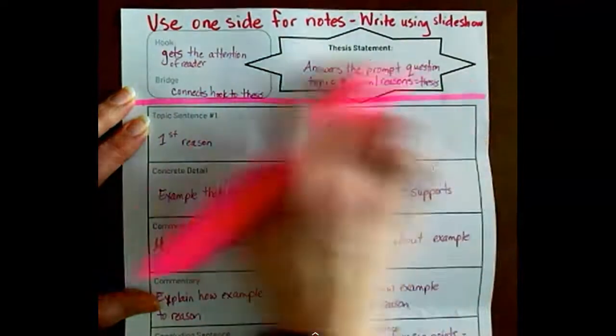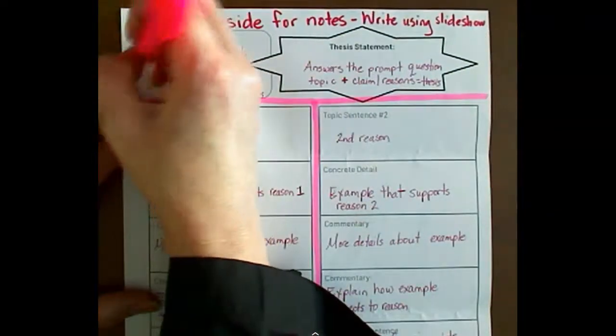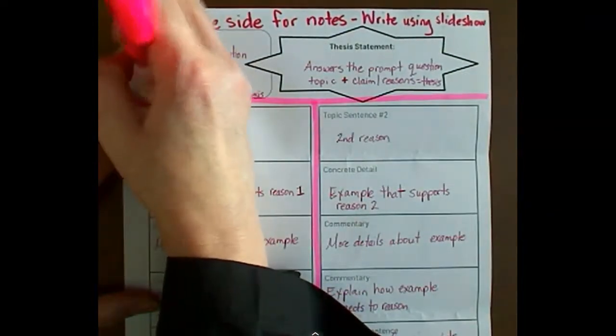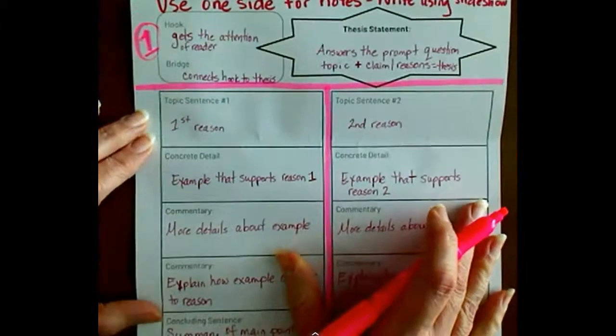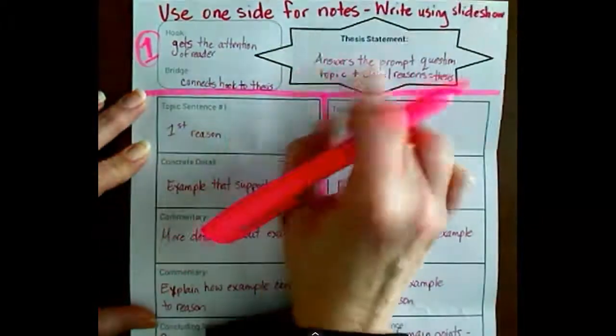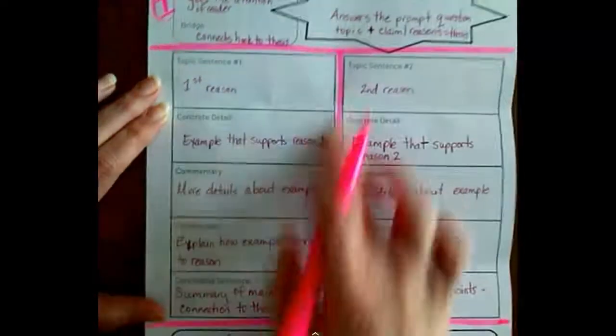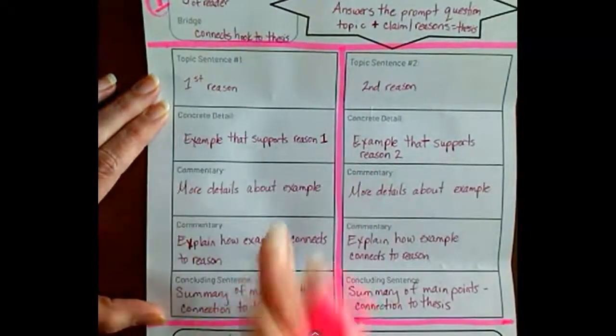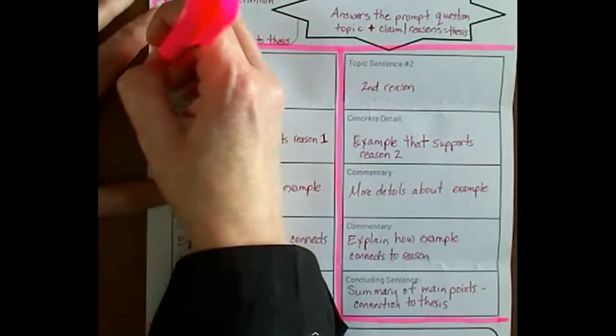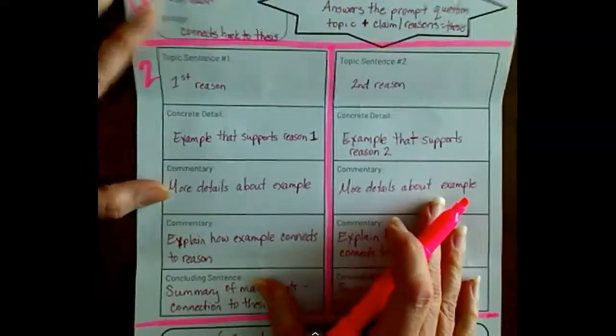the top part of the I is paragraph 1. So it has 1, 2, 3 sentences in it: the hook, the bridge, the thesis. Then all that's in this section of the I, that's paragraph 2.